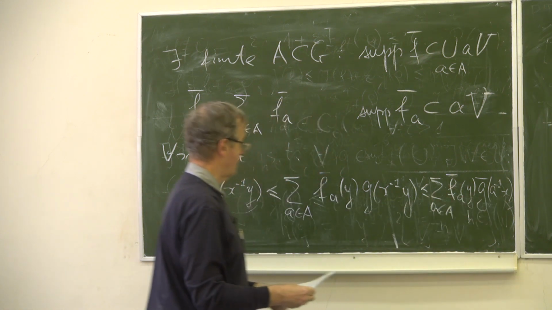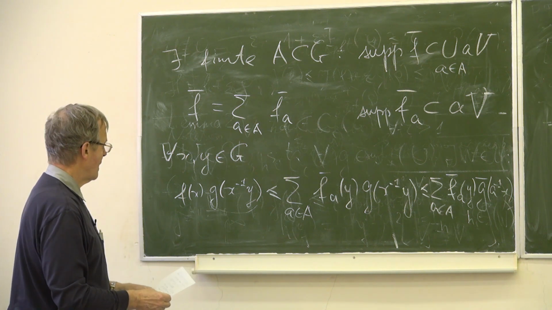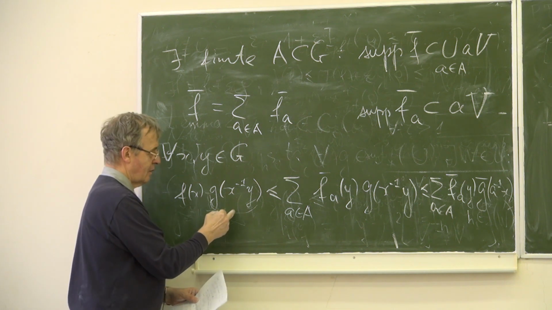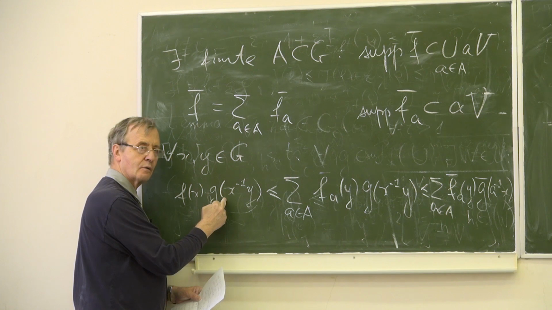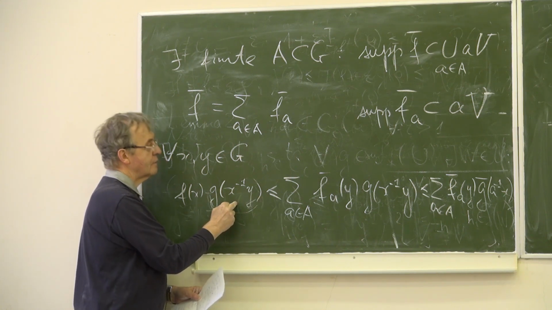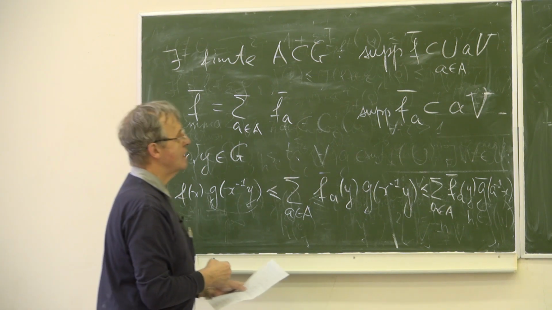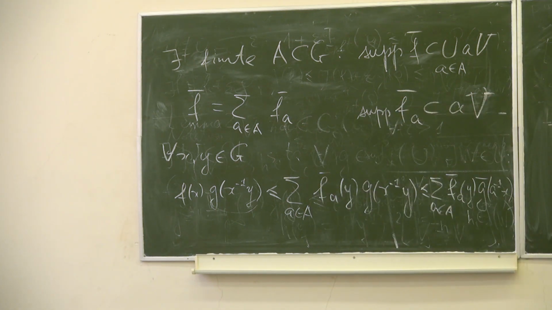So as it is written, precisely. Now, why is this so? Of course, we may assume that this factor is positive, because if it is 0, then there is nothing to prove here. And if this is positive, what about our function g? g is supported in this, which one?